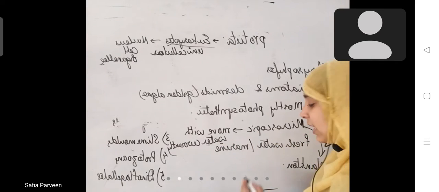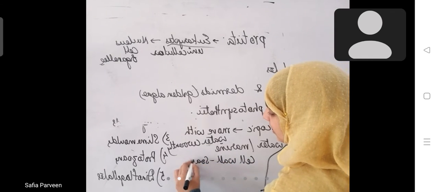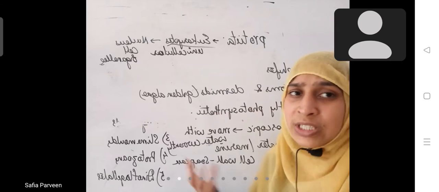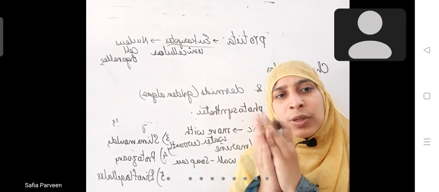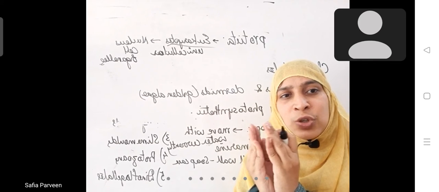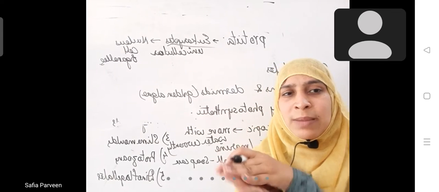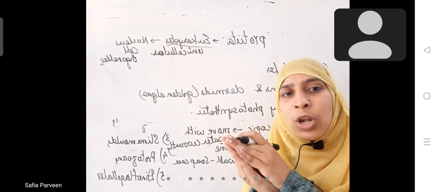And their cell wall is like a soap case. You have seen small shells at the seashore, in which pearls are naturally made. Same like that, chrysophytes also have a cell wall like this.